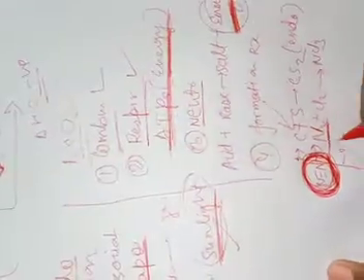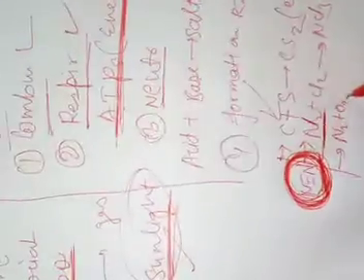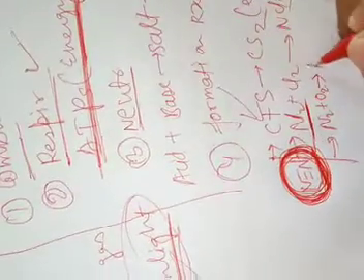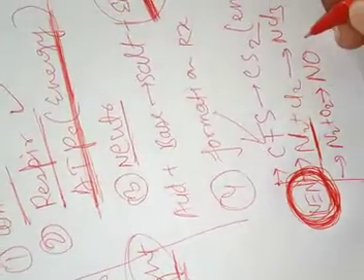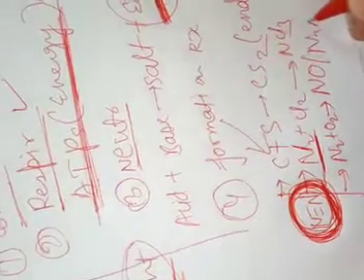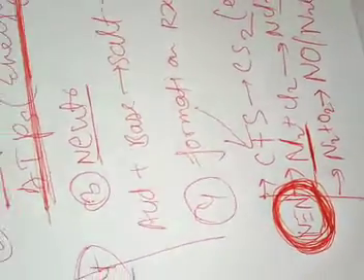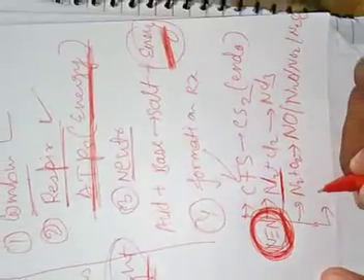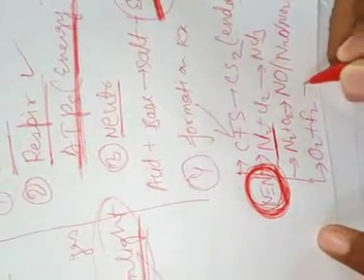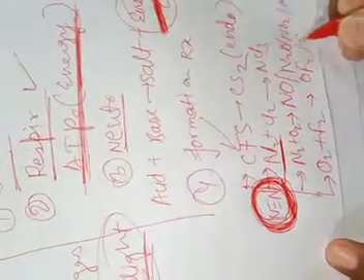The next example is N2 plus O2. The same reason applies here, forming the oxides of nitrogen NO, N2O, NO2, N2O4. Next example is O2 plus F2 gives O2F2.